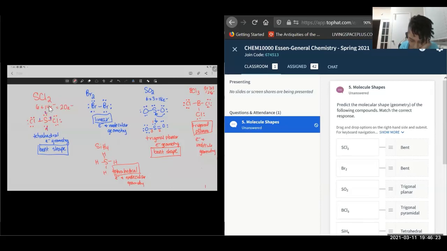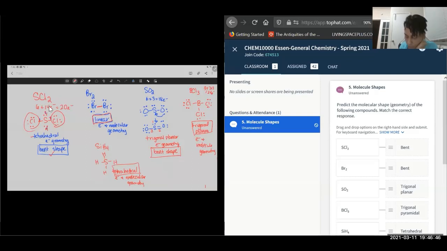That would give me tetrahedral electron geometry. However, I only have 2 atoms attached, so that would give me a bent shape. Bromine is simple. It's just one bond but 2 atoms. It's going to be a linear shape.